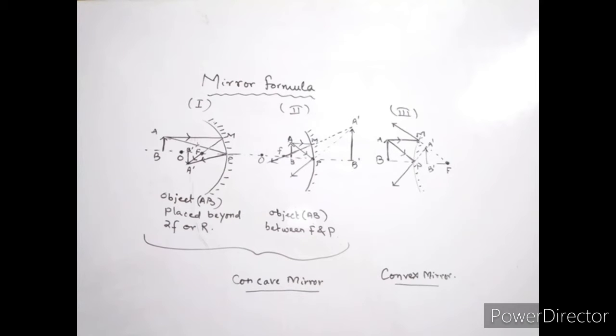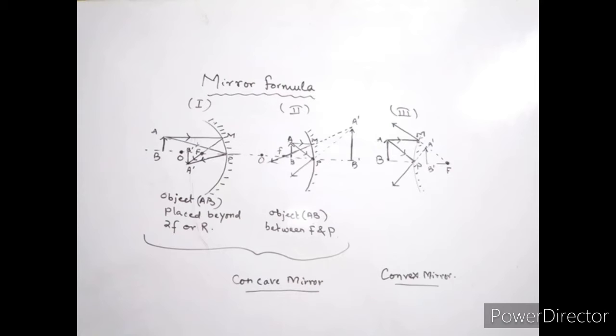Because they are parallel rays, they will get reflected through the focus that is taken as F, capital F. They will be reflected along F, or appear to be reflecting from the point F in the case of the convex mirror that we can see over there at the last. So after reflection it will be observed that it comes out of the focus in the case of a convex mirror. Obviously the focus in the case of a convex mirror, as I have discussed earlier, is a virtual focus.